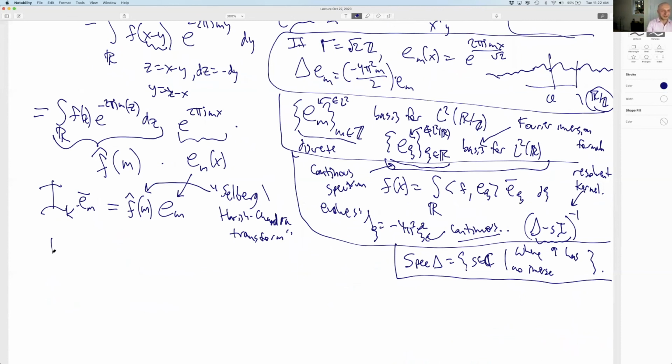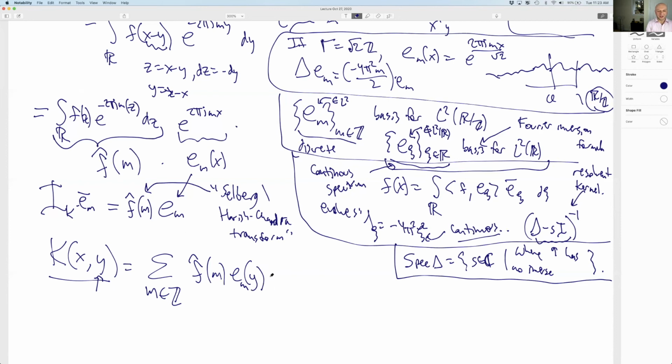And we've expressed, so this k of x comma y, we've expanded in the y variable as a sum over the spectrum. This inner product is exactly what we just computed, f hat of m, e_m of y times e_m of y. I want a bar somewhere. I should have gotten a bar somewhere. Sorry. e_m of x, that's good.